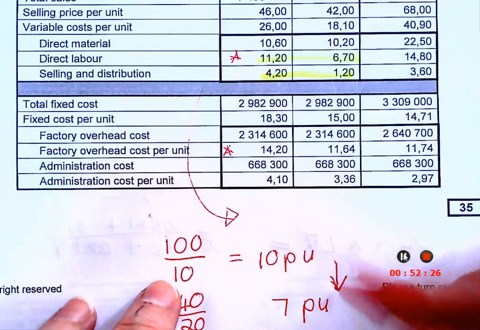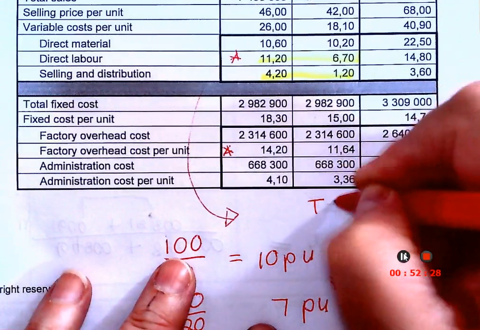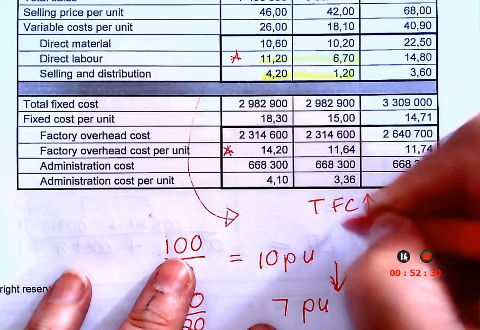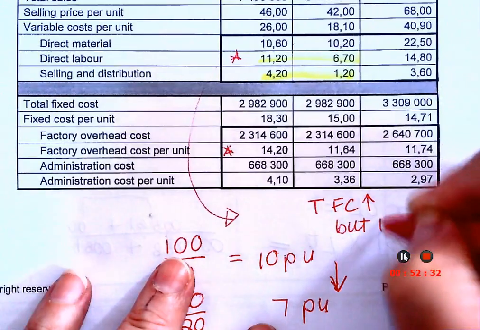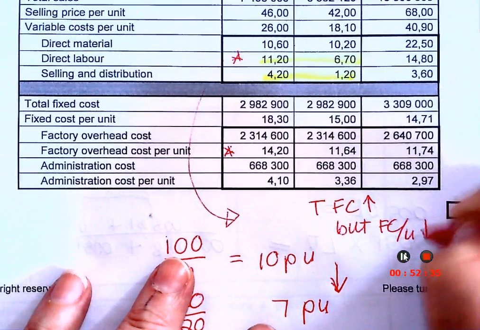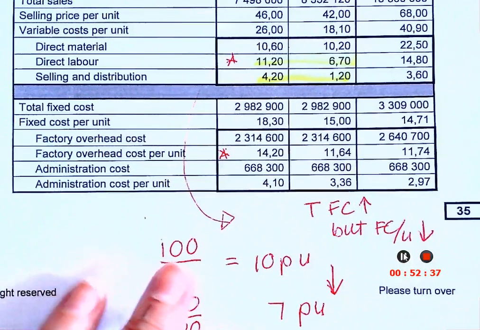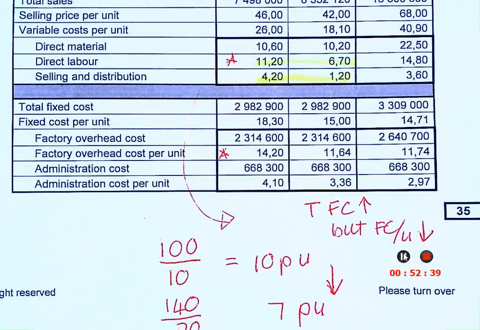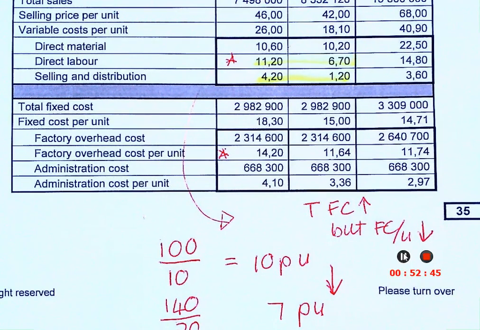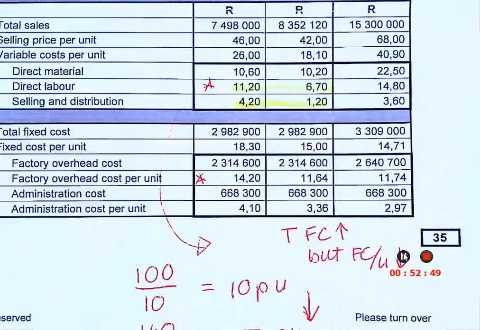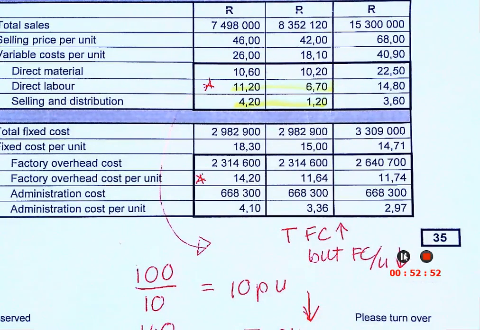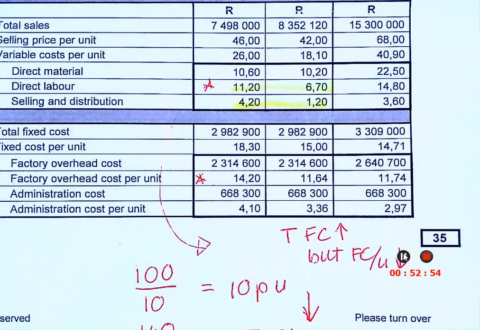So if the total fixed cost increases, but the fixed cost per unit decreases, that is what we call economies of scale. Okay, and you know what, just for writing economies of scale, you get your full 2 marks. You don't even have to write, oh, because there's more units, blah, blah, blah. Just write the words economies of scale. Okay.